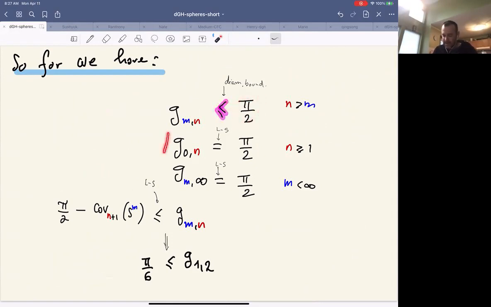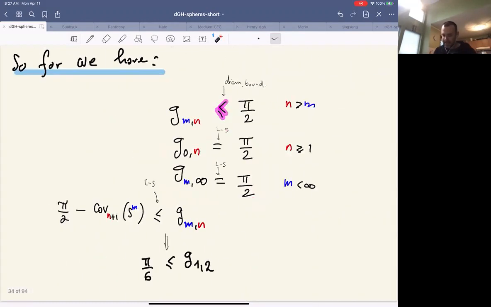Then direct application of Lusternik and Schnirelmann tells me that the distance between S^0 and S^n is pi by 2. The distance between S^m and S^infinity is also pi by 2. And then that all entries are lower bounded in this way. And in particular that G_12 is lower bounded by pi by 6.